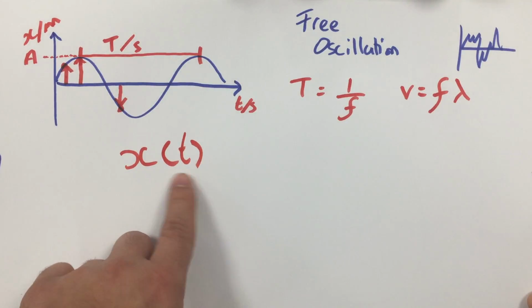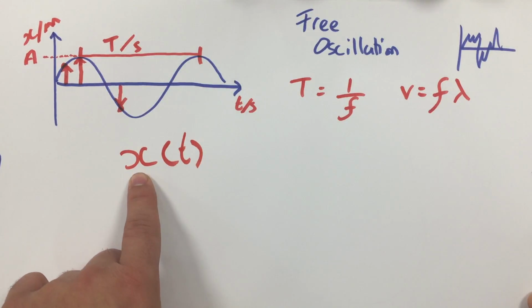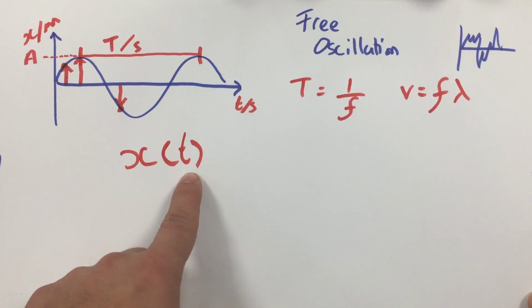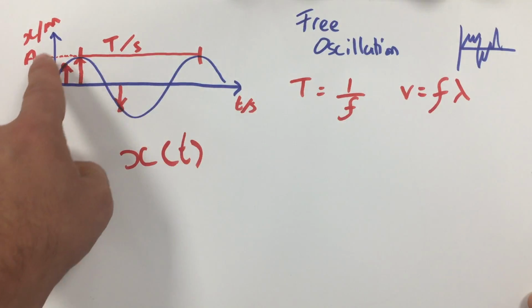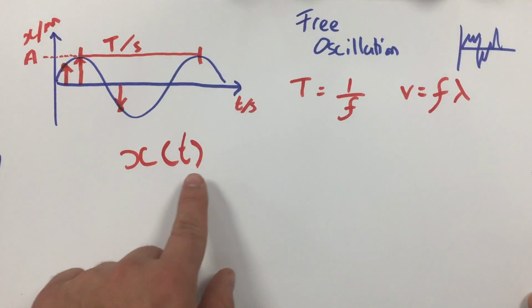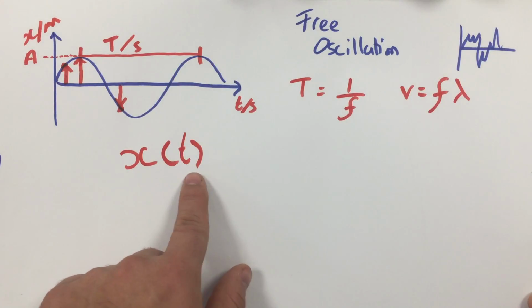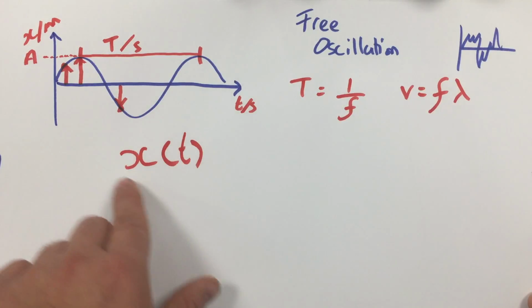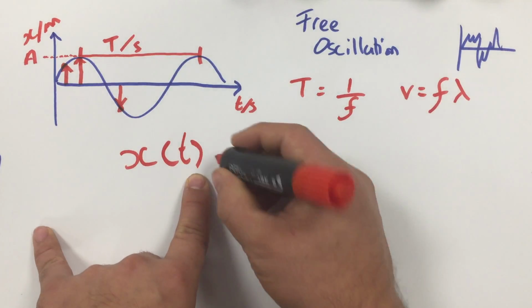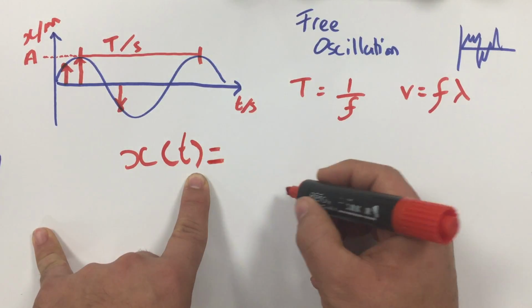So this brackets t just means that the displacement changes with time. So you can see that as the time goes on in the x-axis, the displacement is changing at every point. So mathematically we don't need to really include this for what we're concerned with, but you need to be aware that displacement does vary on time, so that's why I'm including it at this point.